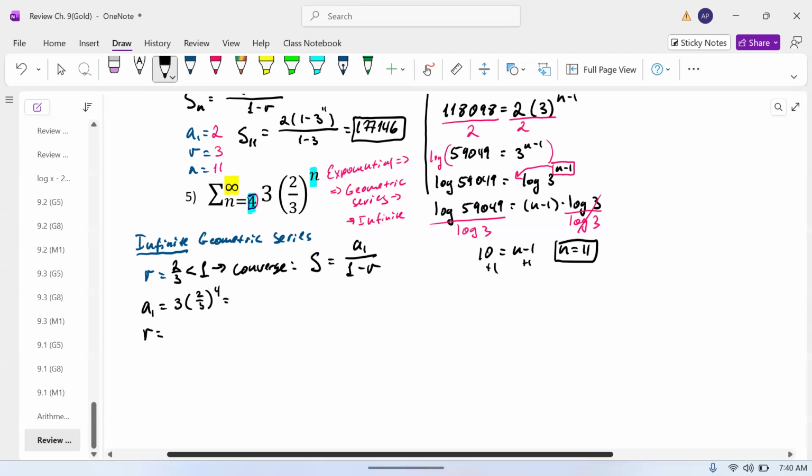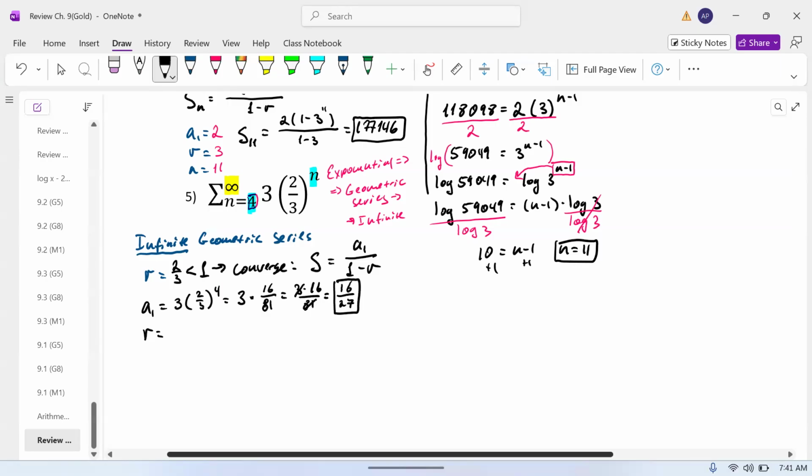So 3 times 2/3 to the power 4 means 2 to the power 4, which is 16, and 3 to the power 4, which is 81. Therefore we get 3 times 16 divided by 81, and then we can reduce this. So it's going to become 16 over 27.